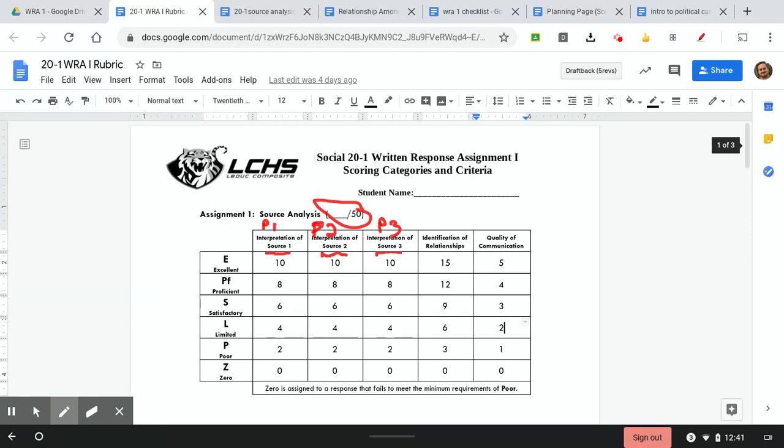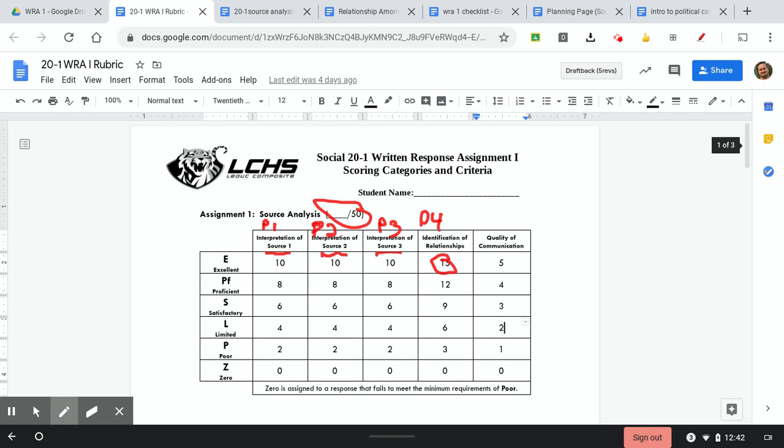The 4th paragraph, which is, as you can see, worth the most, 15 marks, is the relationships between the 3 sources. We are going to get into each one of these paragraphs in great detail. Right now, we're just looking at the overall marking schematic of it.